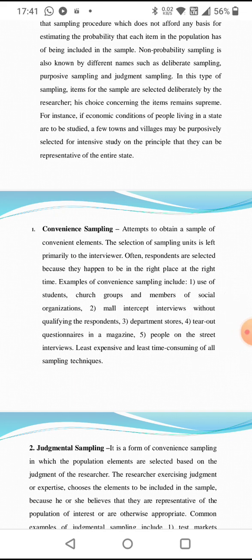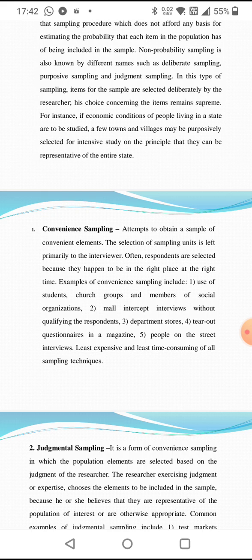And then coming to judgmental sampling. It is a form of convenience sampling in which the population elements are selected based on the judgment of the researcher. So the researcher exercising judgment or expertise chooses the elements to be included in the sample because he or she believes that they are representative of the population of interest or are otherwise appropriate.